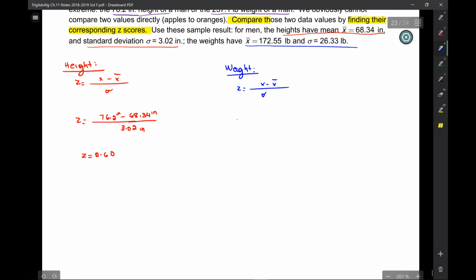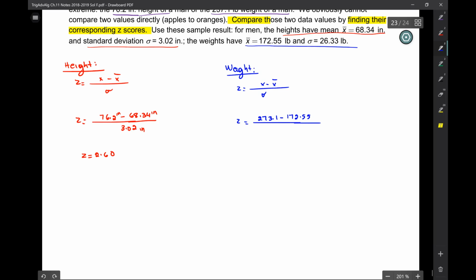What about for the weight? It's going to be 237. Not 3 inches. The standard deviation is 3, so he's 2.6 standard deviations away.